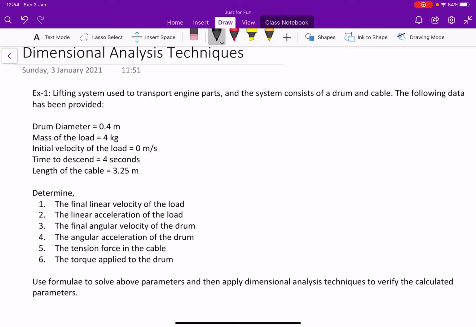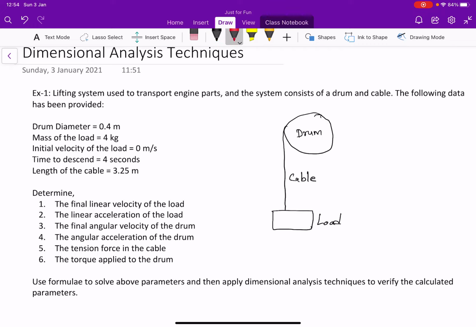Now to understand more nicely, let's draw this diagram here. So this is my drum, and this drum is connected with a load with a cable. This is my load here, that's my cable here, and that's my drum here.